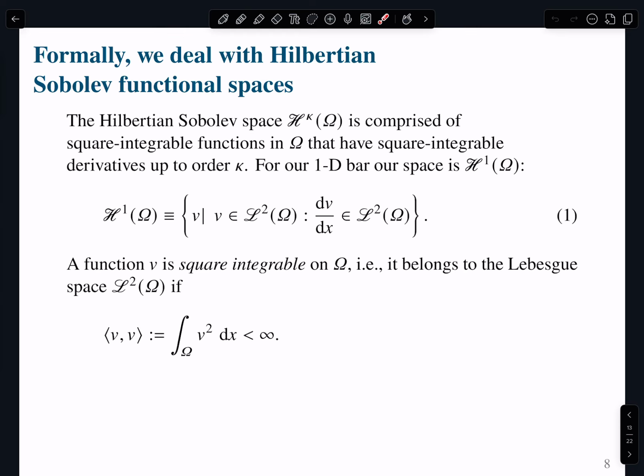So in a way, look at the similarity between our so-called energy space and this Lebesgue space, in that we are enforcing that we're dealing with functions that we can actually integrate, right? But in addition to that, we require that the derivative is square integrable. So not only the function itself has to be part of L2, but also the derivative has to be part of L2, right?